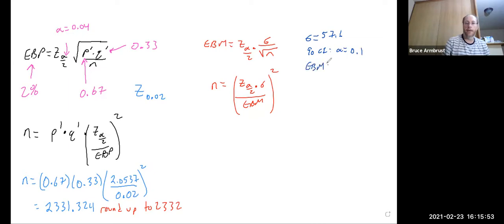And we want to be within 3. That was our error bound maximum. Okay, so we just have to find z of 0.05. That's our alpha over 2. Once we get that number, then we'll be good to go.